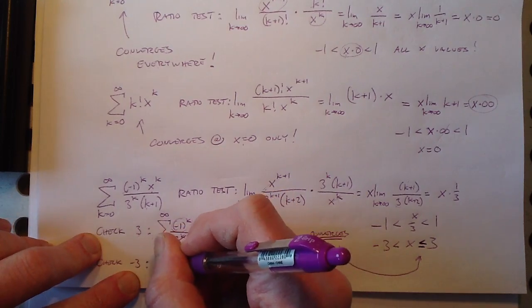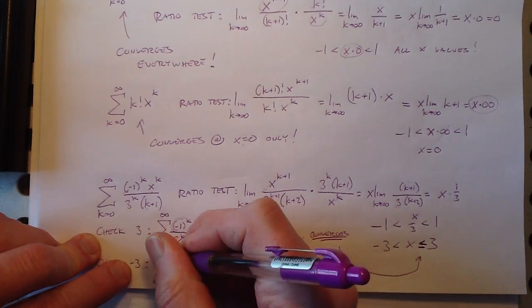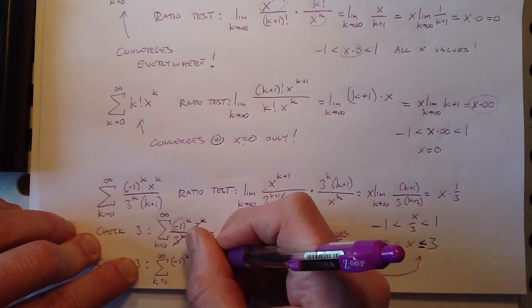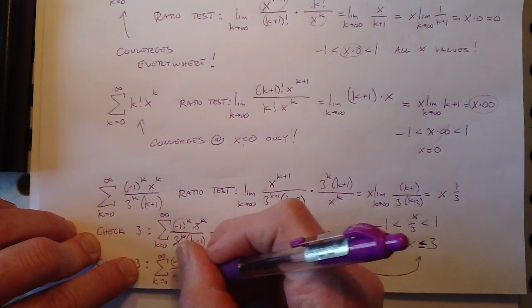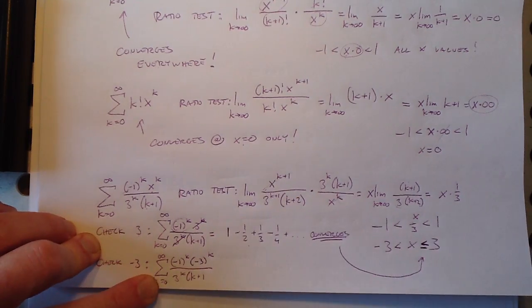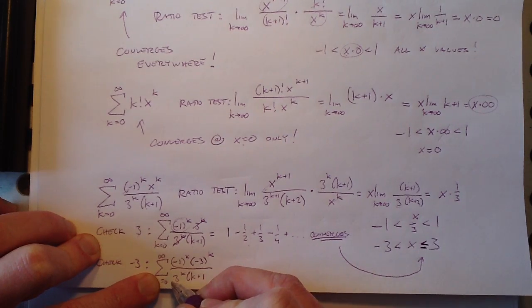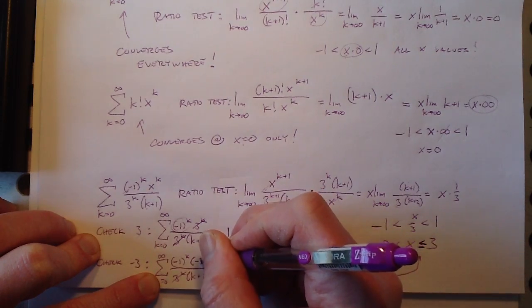And likewise, the sum from k equals 0 to infinity of -1 to the k times -3 to the k over 3 to the k times k plus 1. Well, since these are both to the same power, the k power, it's like these two negative signs cancel out. Or if you like, you could say 3 to the k cancels out with 3 to the k, leaving just -1 to the k.